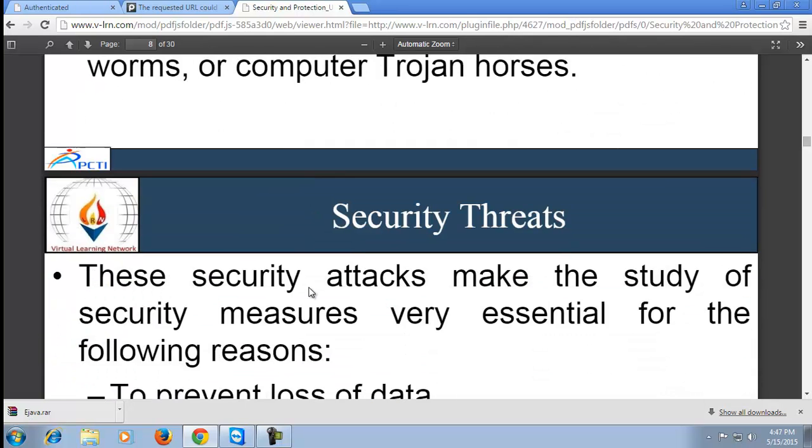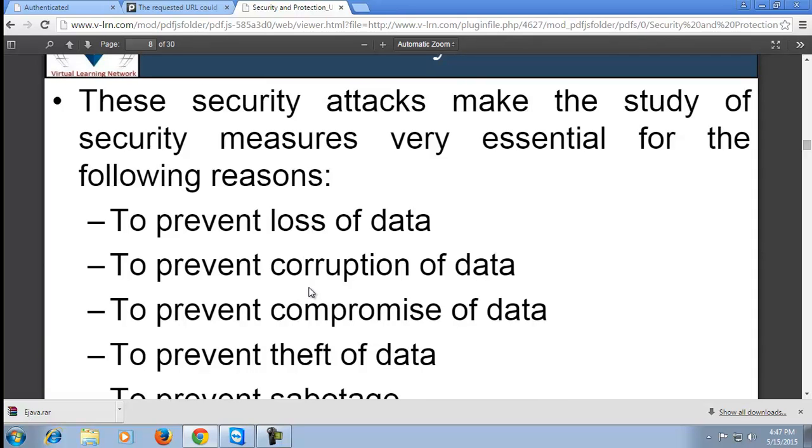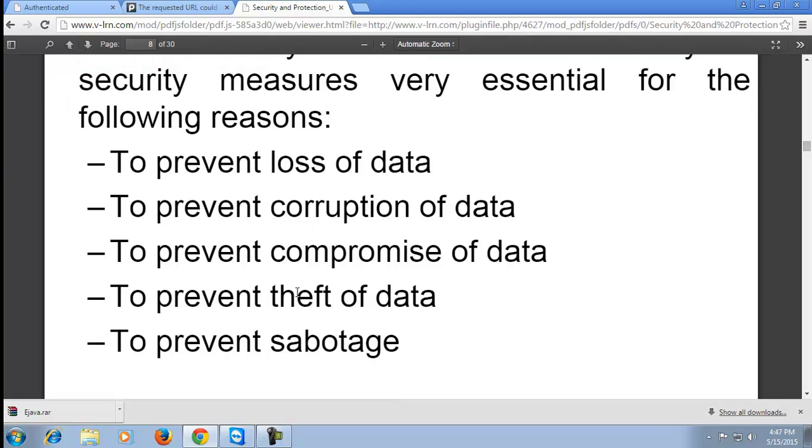The next is security threats. These security attacks make the study of security measures very essential for the following reasons: to prevent loss of data, corruption of data, compromising of data, theft of data, and sabotage of data.